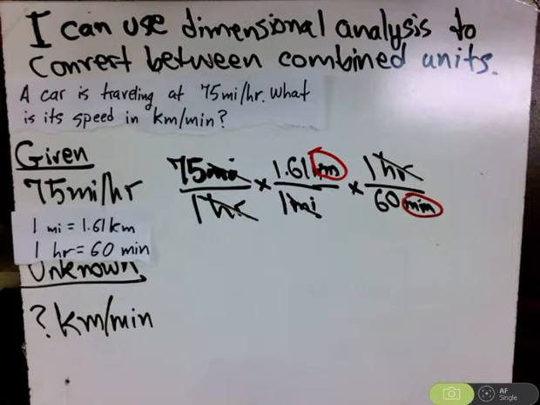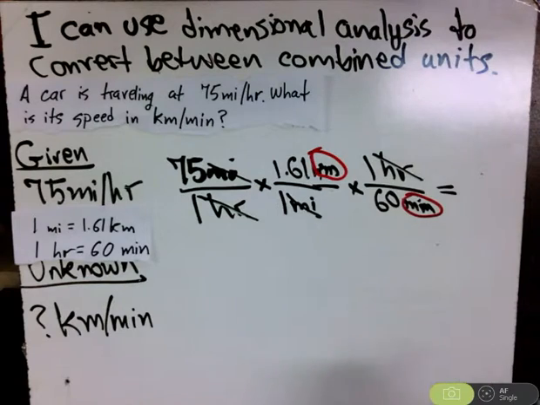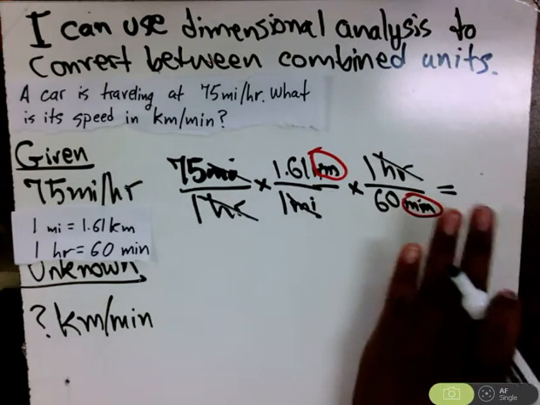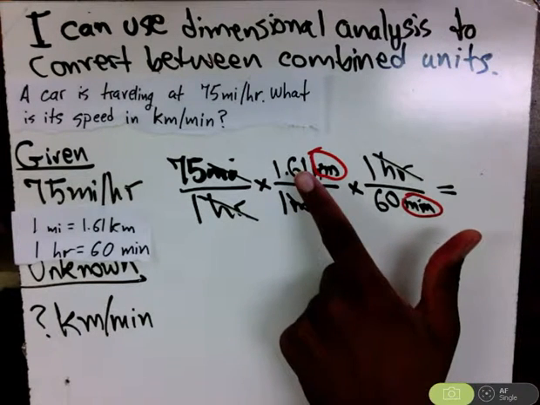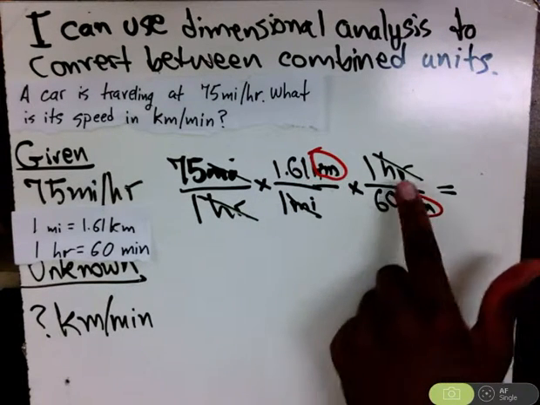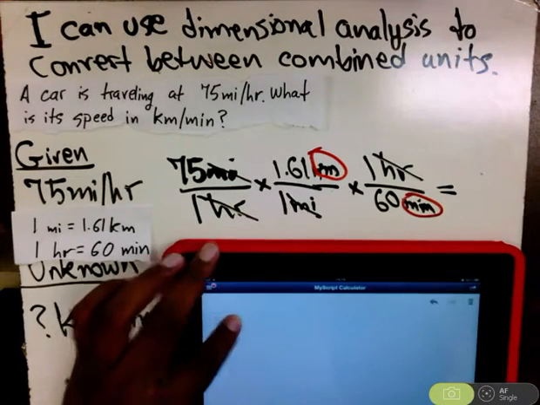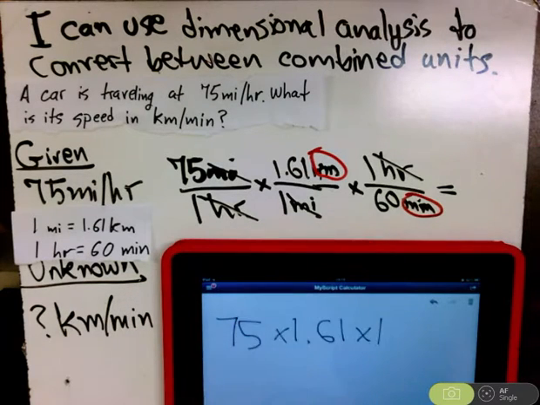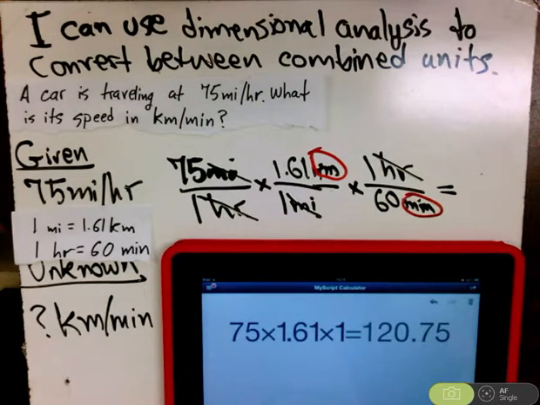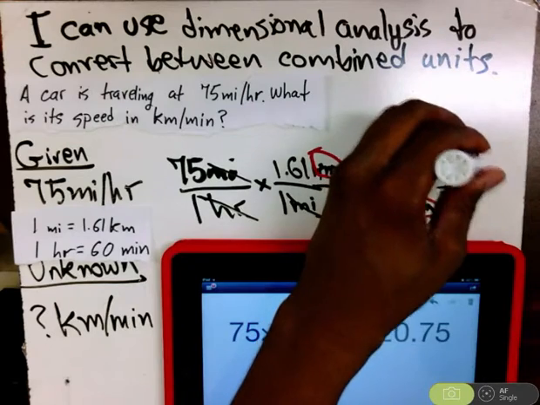And that is going to equal, now my next step, I just multiply the fractions together. I multiply across the top, 75 times 1.61 kilometers times 1. So 75 times 1.61 times 1, and that is going to give me 120.75 kilometers on top.